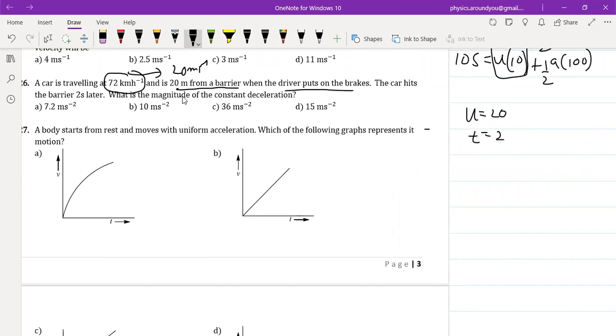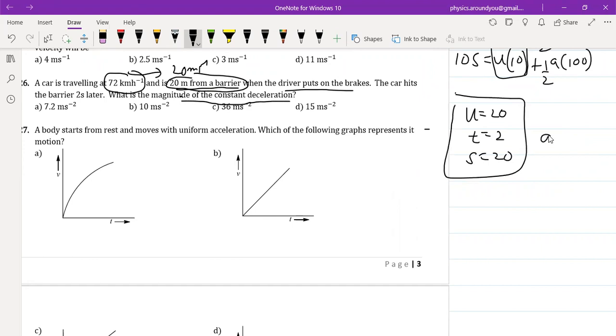And they're asking what is the magnitude of the deceleration, and the distance traveled till he hits the barrier, s is equal to 20. They're asking what is the value of a. Well, s, u, a, t: the only equation that involves all of these is s equals ut plus half at square. You plug in the values, you will get the options.